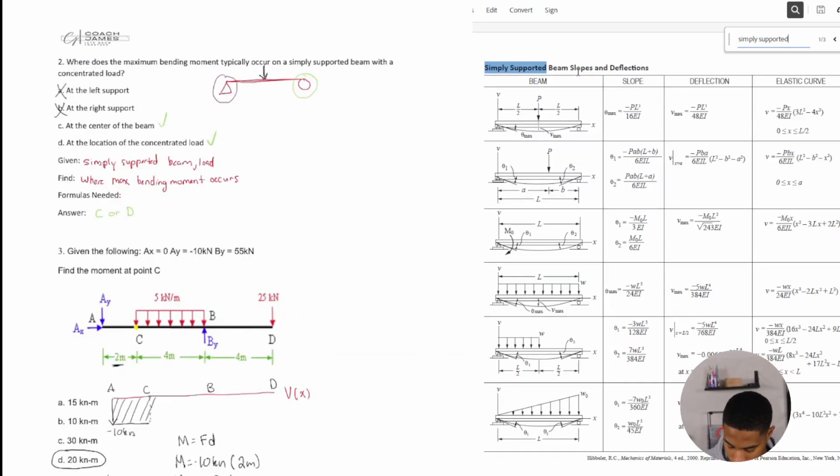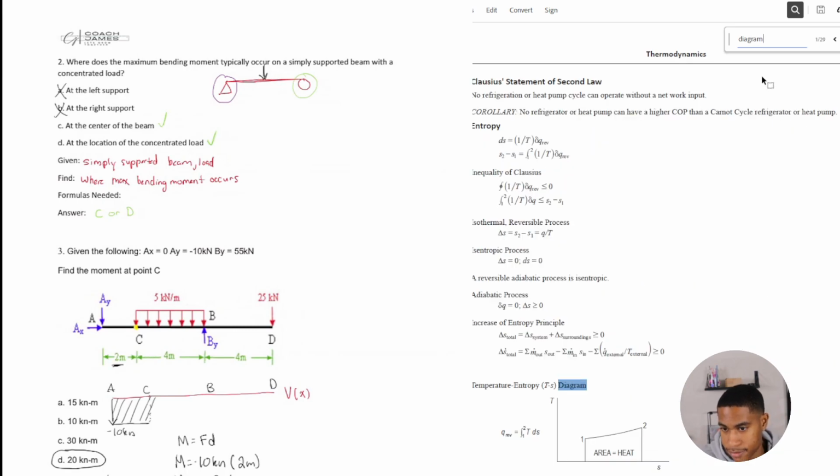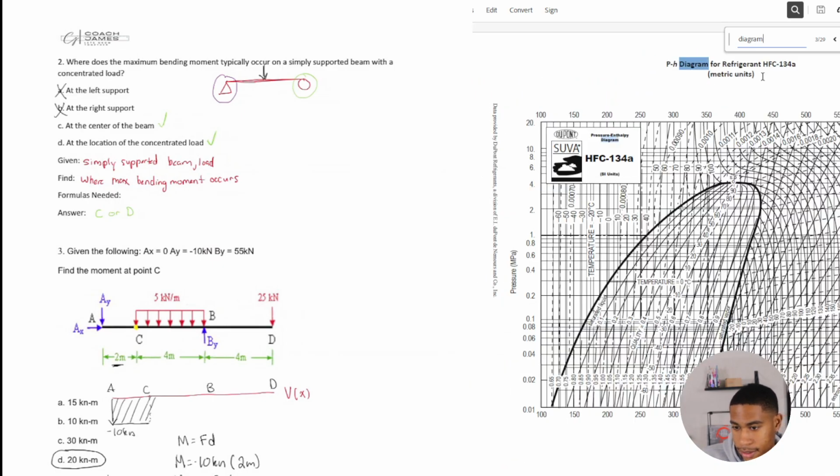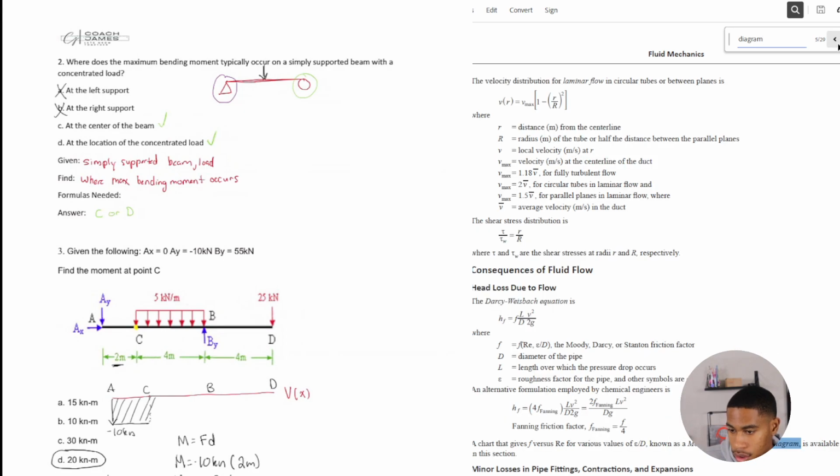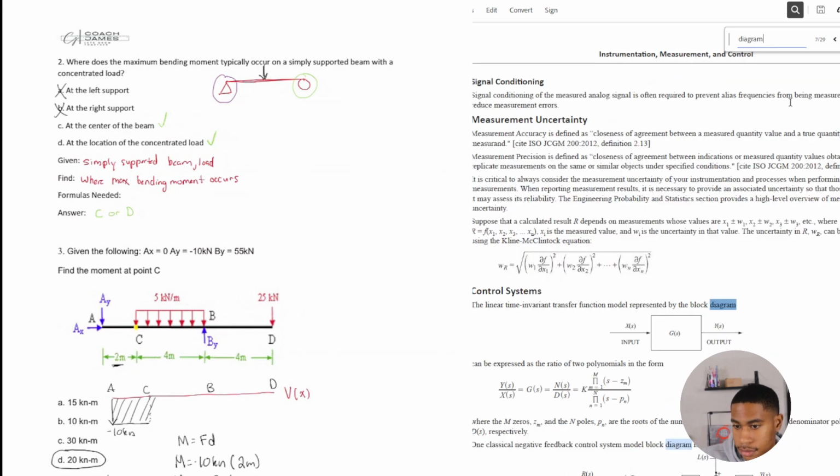So another thing to take note of, and I'm just going to look to make sure that this is right, but I think the manual does help us. See if shear diagram comes up, and it can save us some time. Wait. Nope. Nope.